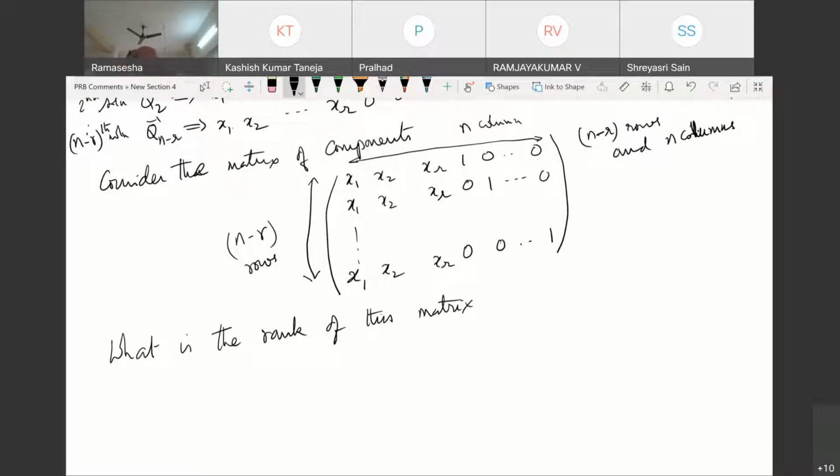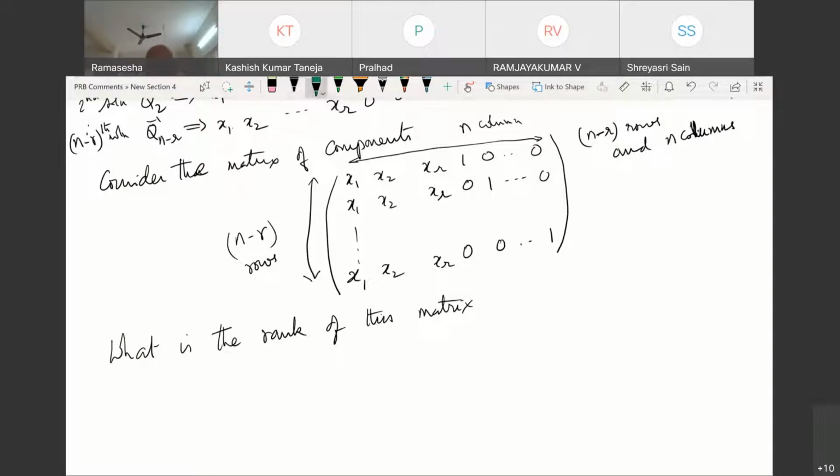The order of the highest order square submatrix whose determinant is non-zero. So what is the rank of this matrix? N minus r. Very good.